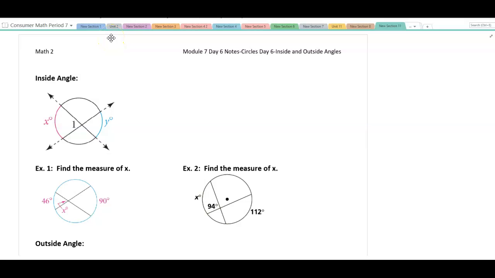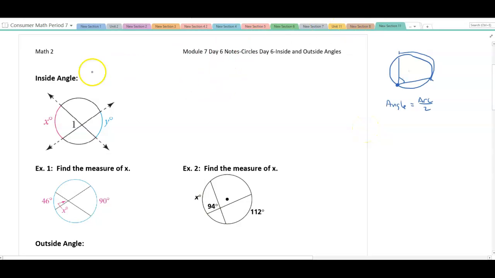All right, so today's lesson adds some more angles to the mix. The other day, you dealt with inscribed angles, when you had a circle and the vertex was on the circle. You said the inscribed angle was equal to half the measure of the arc.